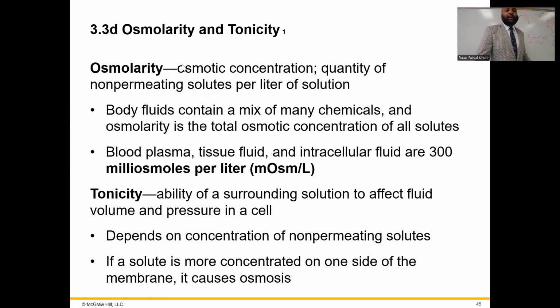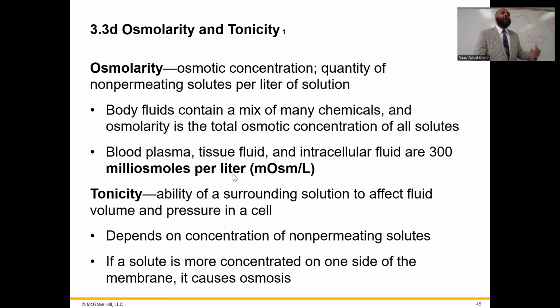So osmolarity is the osmotic concentration, the quantity of the non-permeating solutes per liter of solution. Body fluids contain a mix of many chemicals, and osmolarity is the total osmotic concentration. It is 300 milliosmoles per liter.